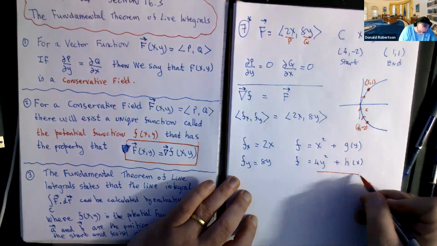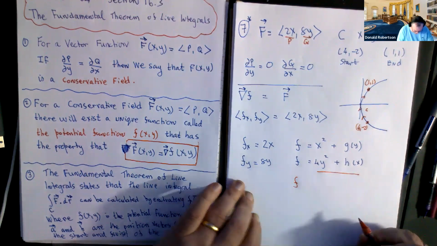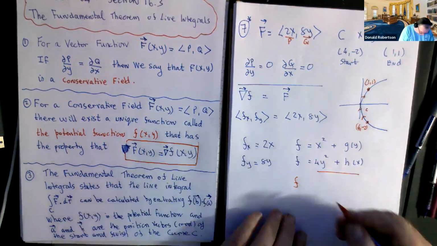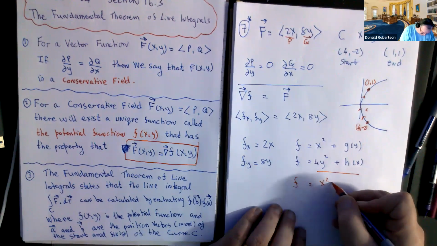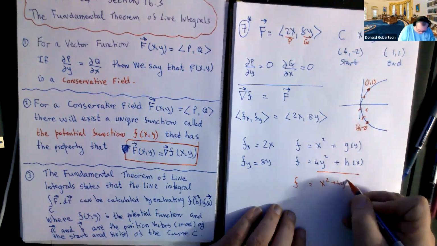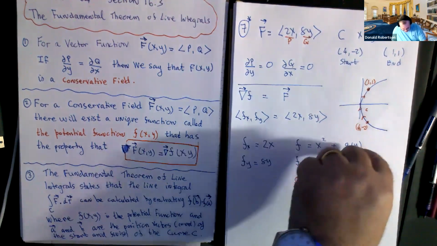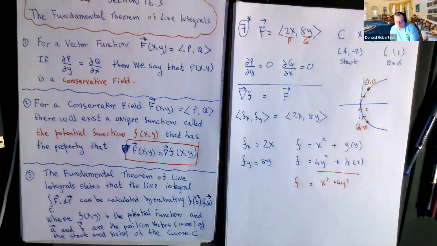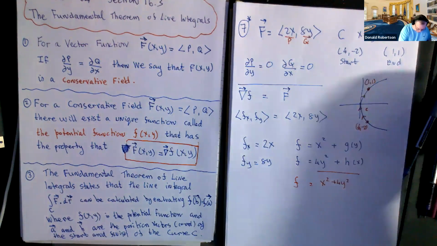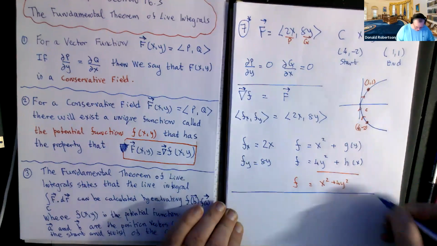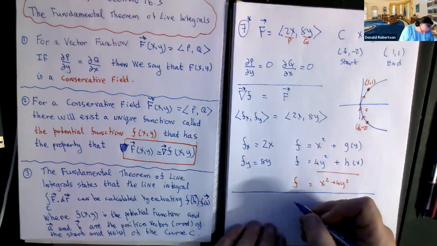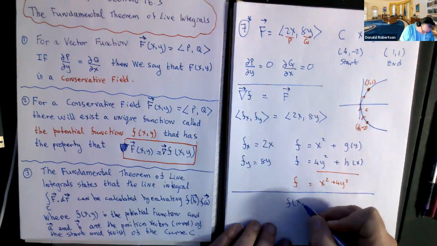And so when you combine them, you get an x squared and a 4y squared. When we merge them, these guys are the placeholders that allow that. So we now have our potential function is equal to this guy.